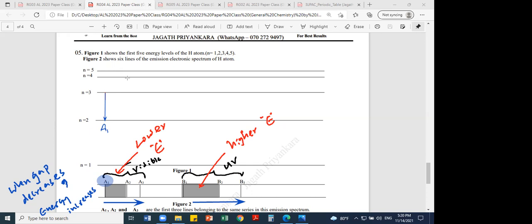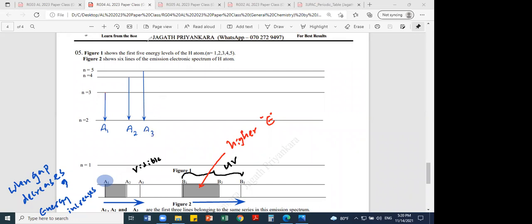Then the next one is A2, from here to here. This is for A2. The next one is A3. A3 I'll draw from here to here.